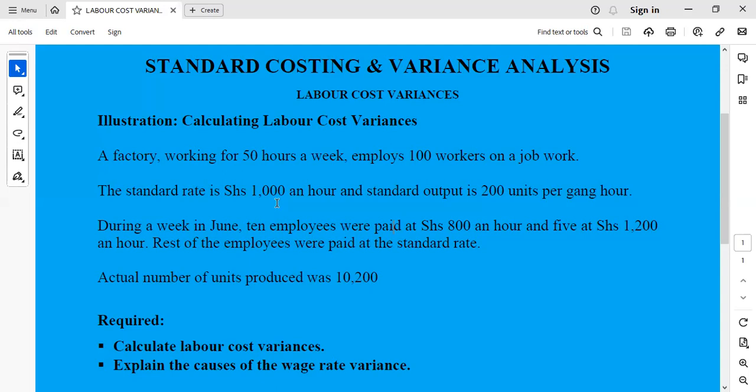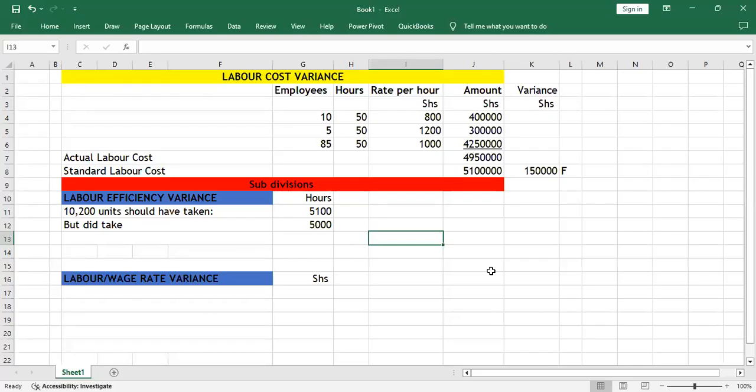So if we have 100 workers and each worker is to work for 50 hours in a week, it means that in a week we have 5,000 hours. During the week, all the 100 workers were actively in production, and they produced 10,200 units. So the 10,200 units were produced using the 5,000 hours in a week.